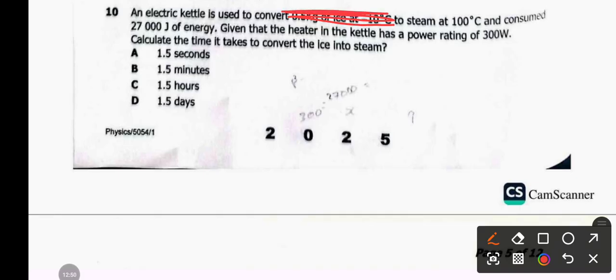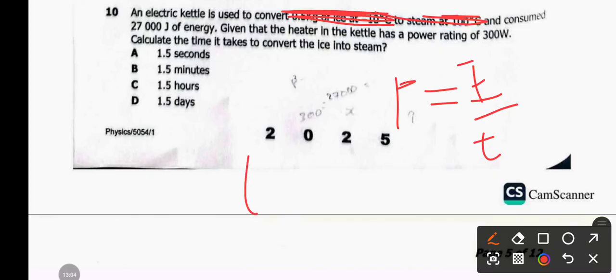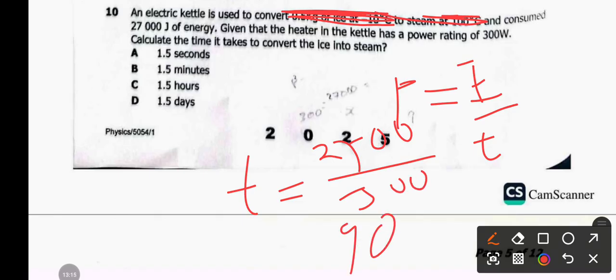Alright, so what we should know here is that power is equal to energy over time. So if we have energy and power, then we can simply calculate the time it takes by simply dividing that and that. So here I have 90 seconds. Okay. And if we convert 90 seconds to minutes, we should have about 1.5 minutes, which is option B.